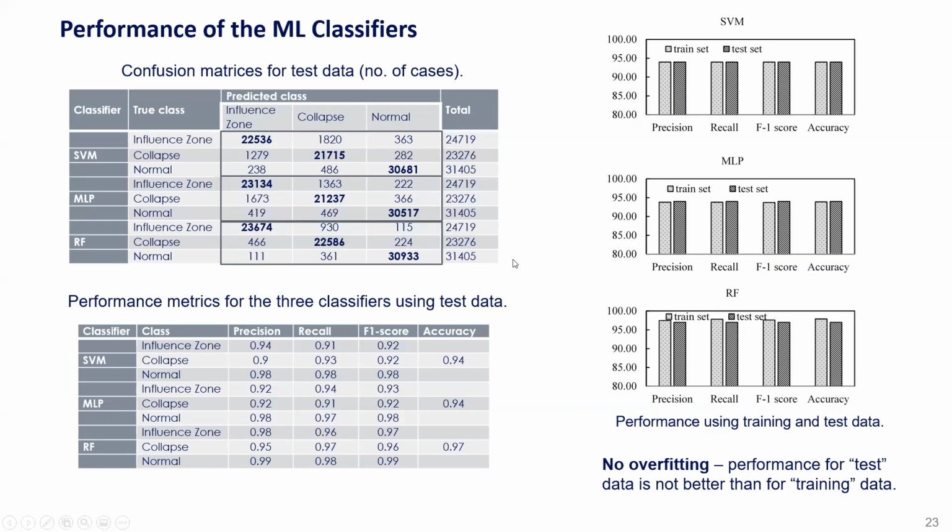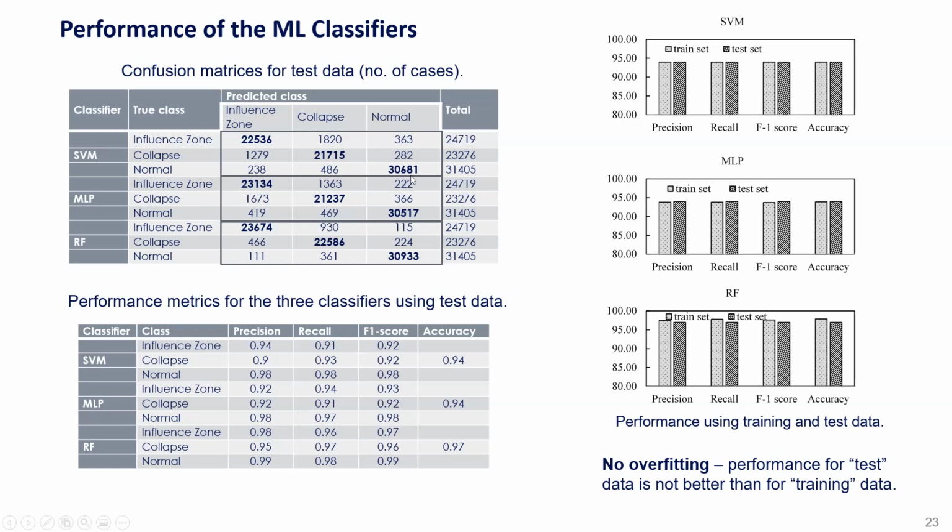This is another look at the performance of the classifiers in terms of confusion matrices. You can see that for SBM, RF, and all three, the diagonal elements hold the number of cases. For example, this one, normal, has 31,000 cases. 30,000 of those cases are true positive.